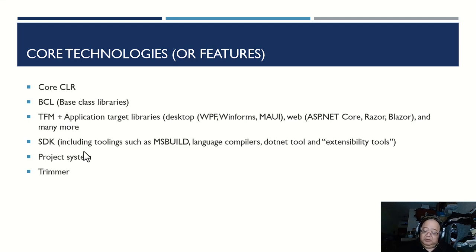Because the whole runtime, the CLR runtime, and also the BCL, plus the other DLLs that are required in order to ensure that an ASP.NET Core app will run, I mean outside of Blazor or WASM, that will take you more than 10 megabytes.